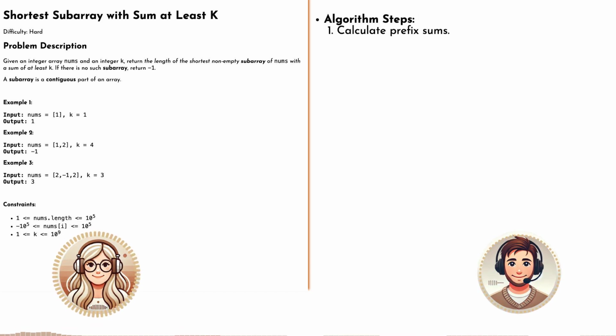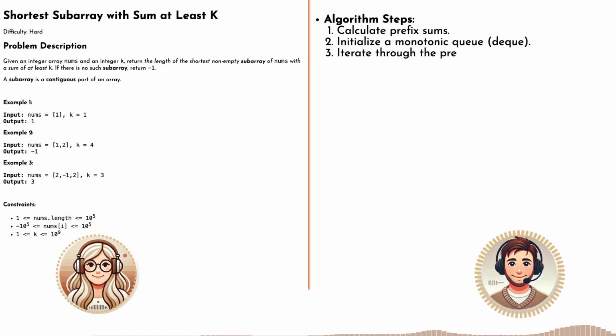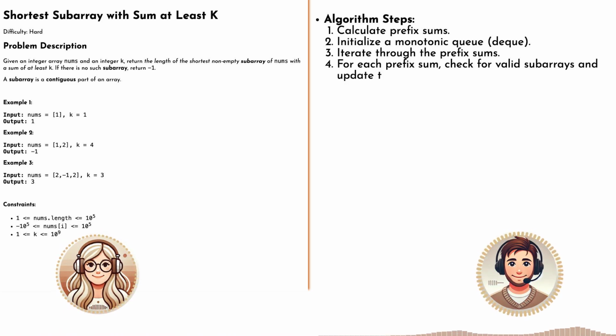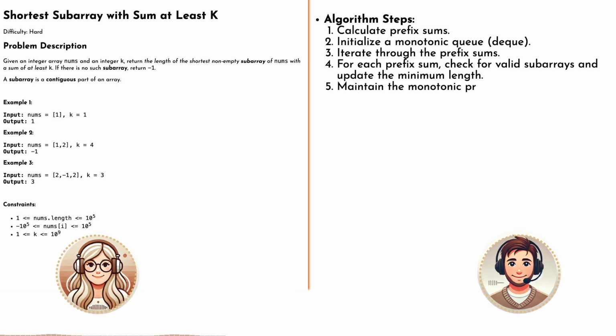If that difference is at least k, then we found a subarray that meets our criteria. Then we check its length against the shortest length we've seen so far. If it's shorter, we update our minimum length. So we're constantly refining our search, zeroing in on the shortest possible subarray.